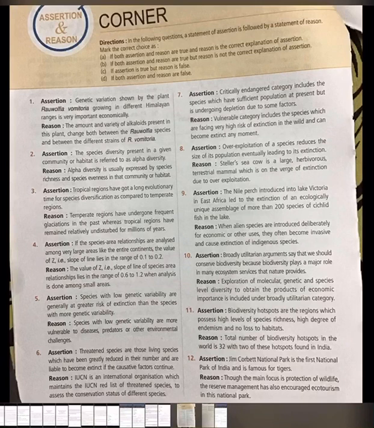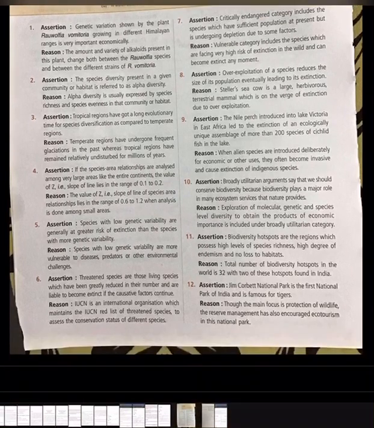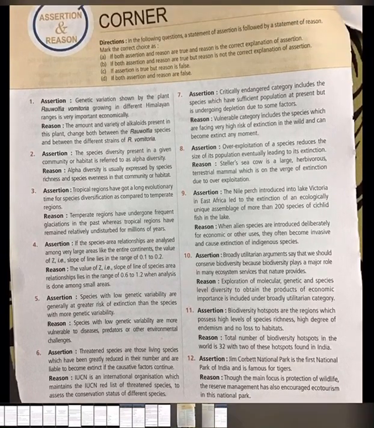Remember that log S versus log A graph we talked about. Reason: The value of Z, that is slope of line of species area relationship, lies in the range of 0.6 to 1.2 when analysis is done among small areas. Now, what is correct? Both assertion as well as reasoning are false. For the fourth one, the answer is D.